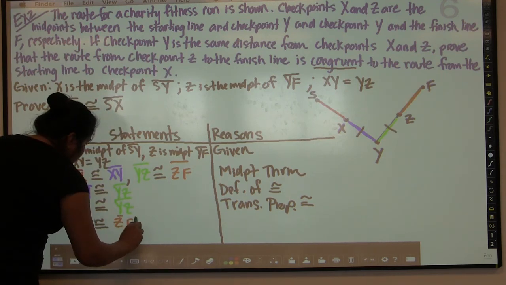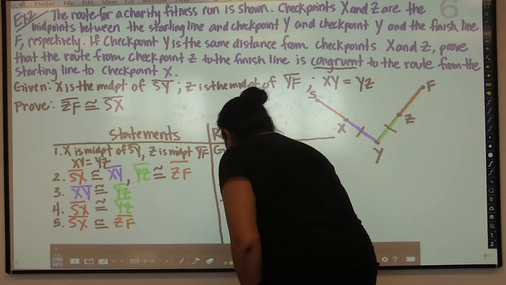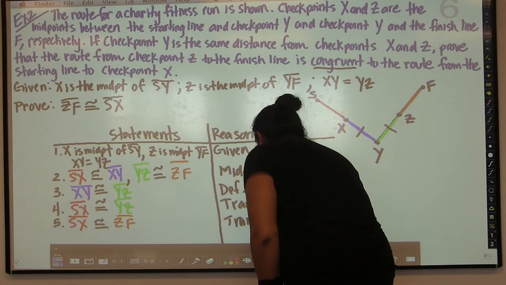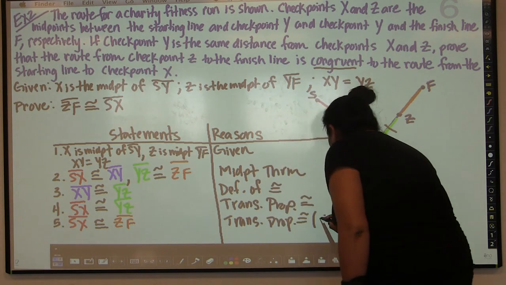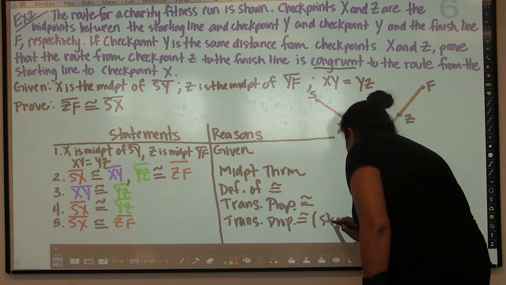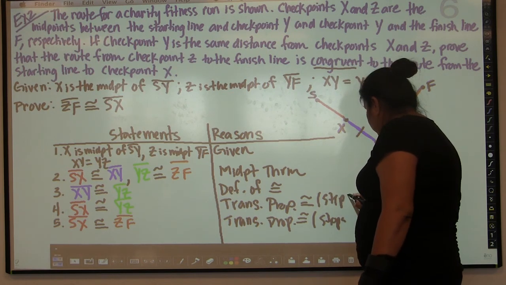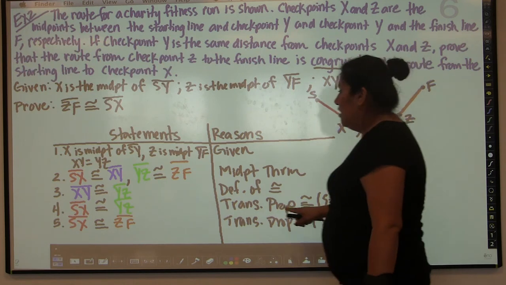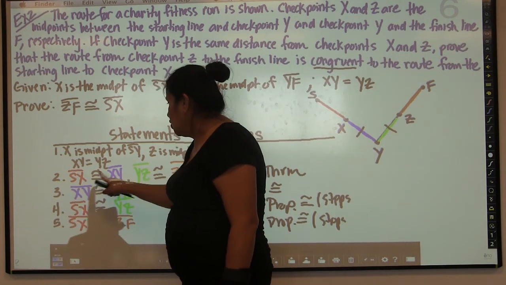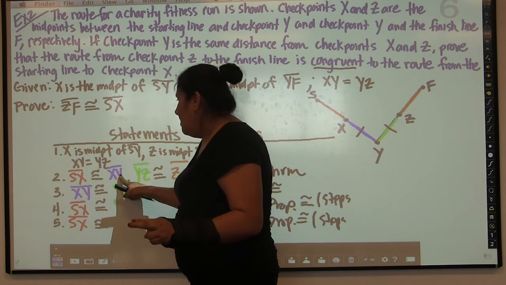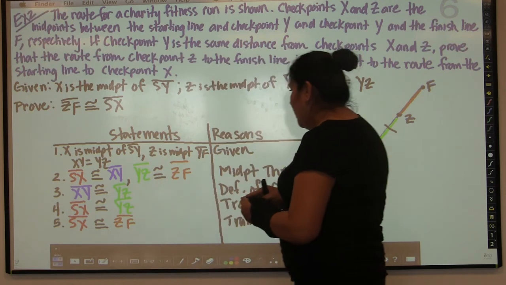At this point, it would probably be helpful to do what we did in the previous proof, which is to say which steps we're talking about. So I'm going to go back and do that for you, just in case you're confused. For step 4, we took that SX was congruent to XY from step 2, and that XY was congruent to YZ from step 3, put them together and got step 4.